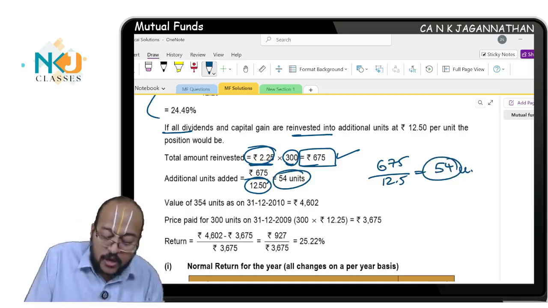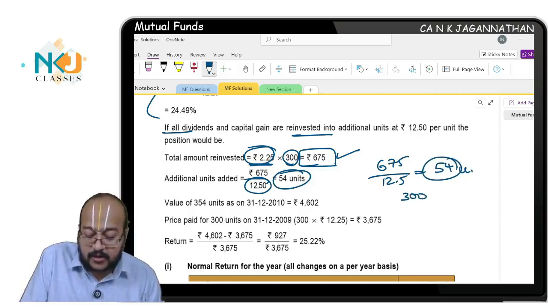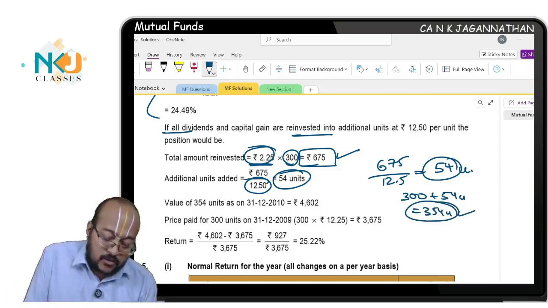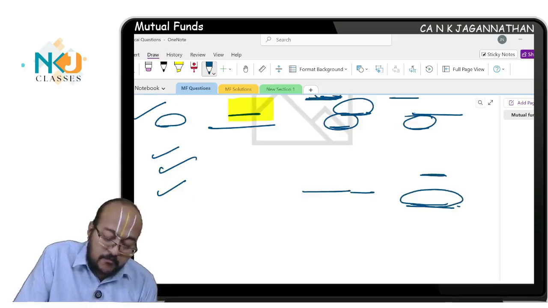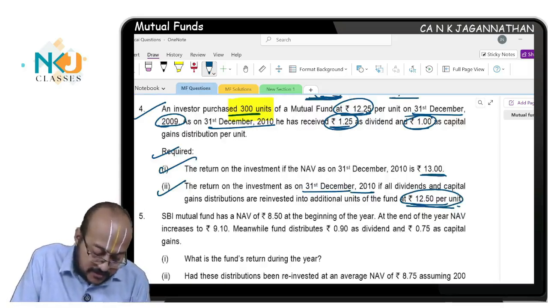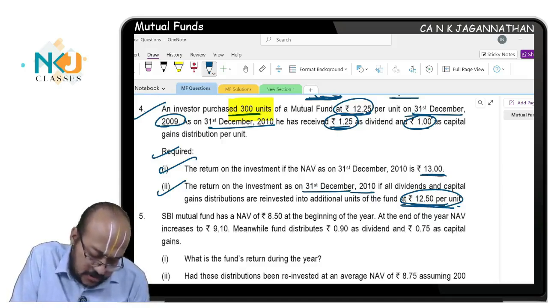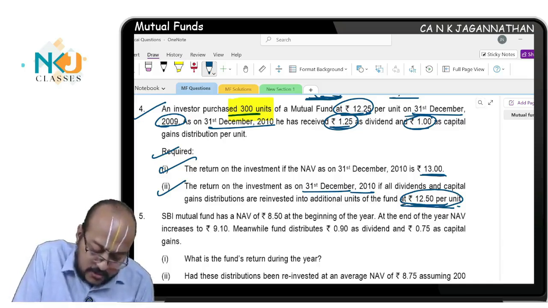See, now you tell me, originally you had 300, new allotment comes to 54 units, total how much? 354 units. What is the value of these 354 units? The NAV at the end of the period is given as 13 rupees.